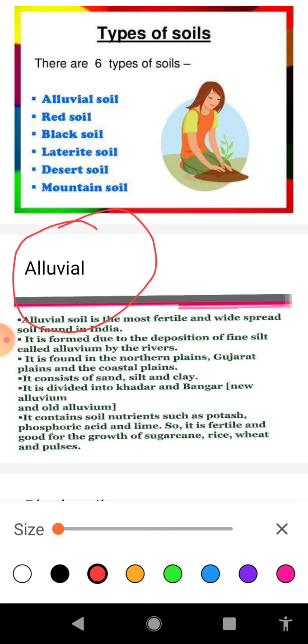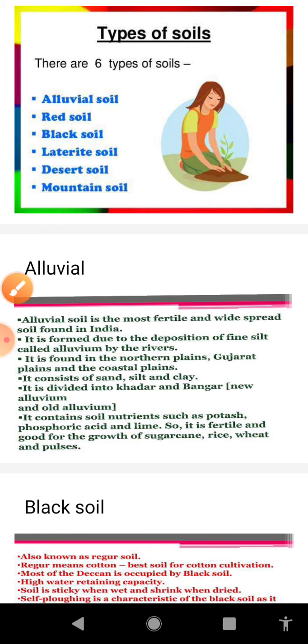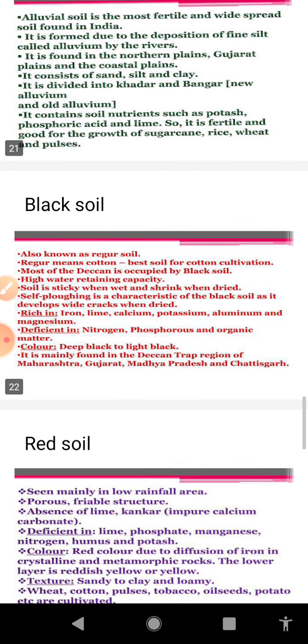Important states are Punjab, Haryana, Uttar Pradesh, Uttarakhand, Bihar and West Bengal. This variety of soil is rich in potash and lime but deficient in organic and nitrogenous content. In general, it is very fertile and ideal for cultivation of rice, wheat, cotton, oil seeds and sugarcane.